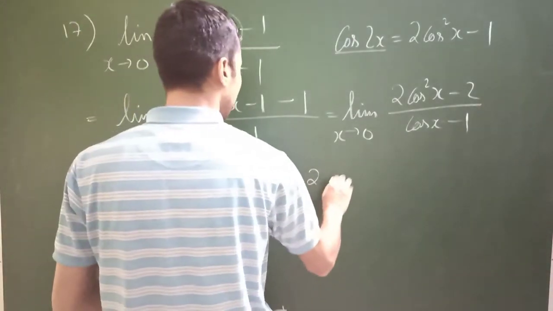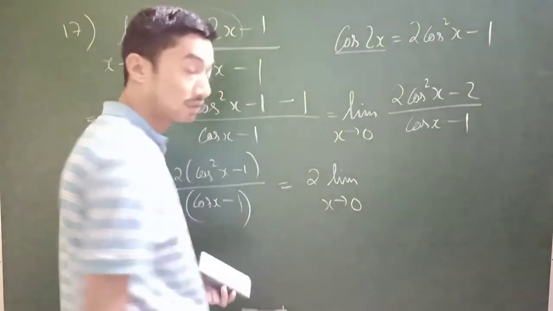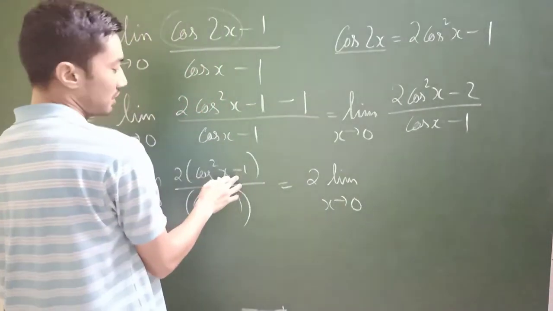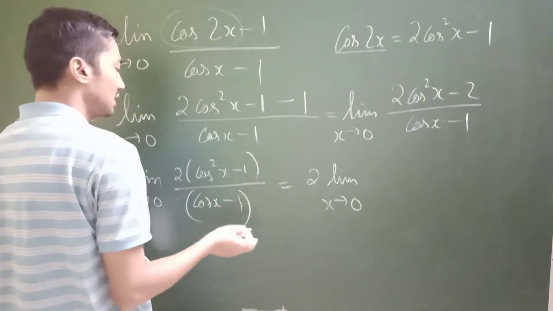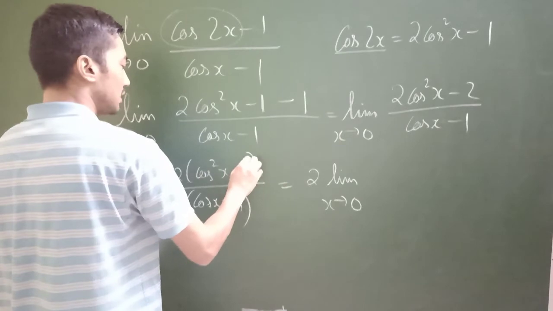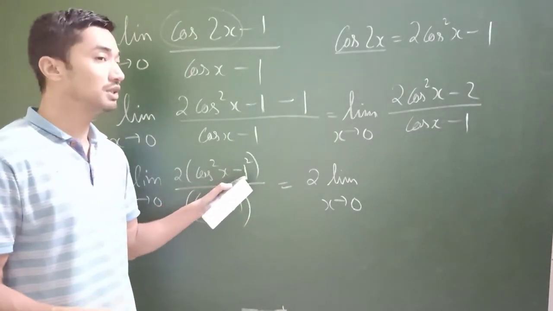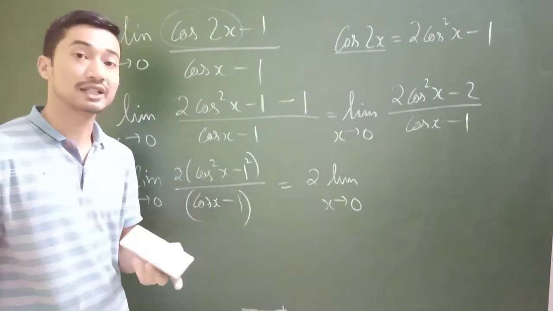I'm just taking out the constant 2, as in the fundamental theorem I've already given you. Now, cos square x minus 1, you can write 1 square, no problem. So I'll just apply the formula of a square minus b square. In 11th standard, we would expect you to know the basic algebraic identities.